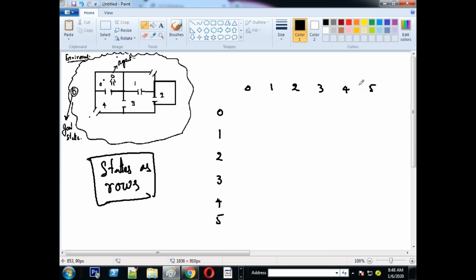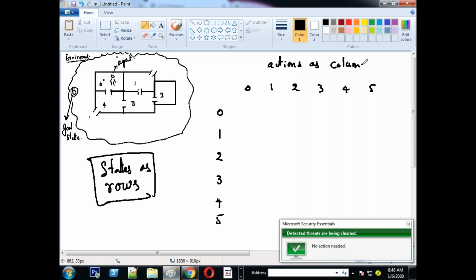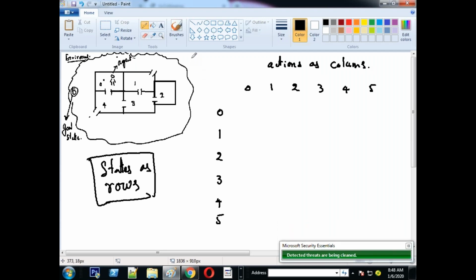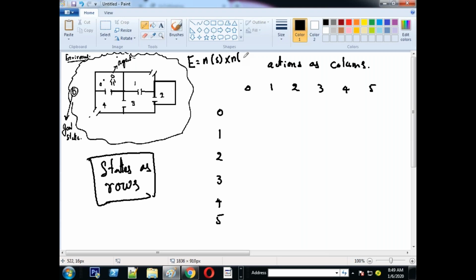Understood the point? So here I'm taking actions as columns. This is our basic structure. If E is a matrix, what should be the size? Number of states by number of actions.